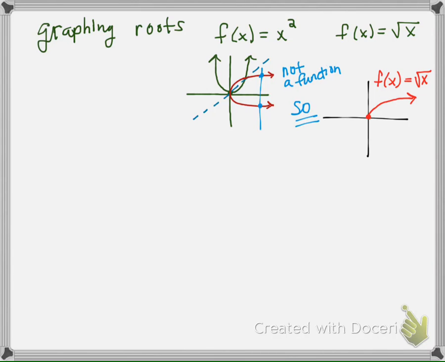It's just like a sideways parabola, but just the upper arm of it. And all of the square root functions that we're going to be graphing today have exactly this shape. Does that make sense? So every time you see a square root, you're going to think of that shape.